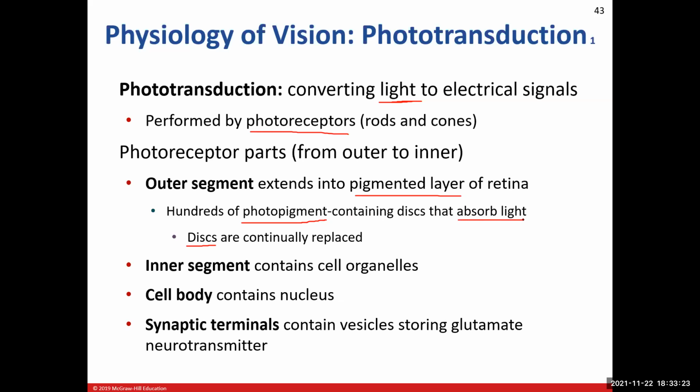And we're going to get into more detail here about what the photopigment is and all that fun stuff. Keep in mind also, the neurotransmitter for the synaptic terminals is glutamate. So we're learning a new neurotransmitter.